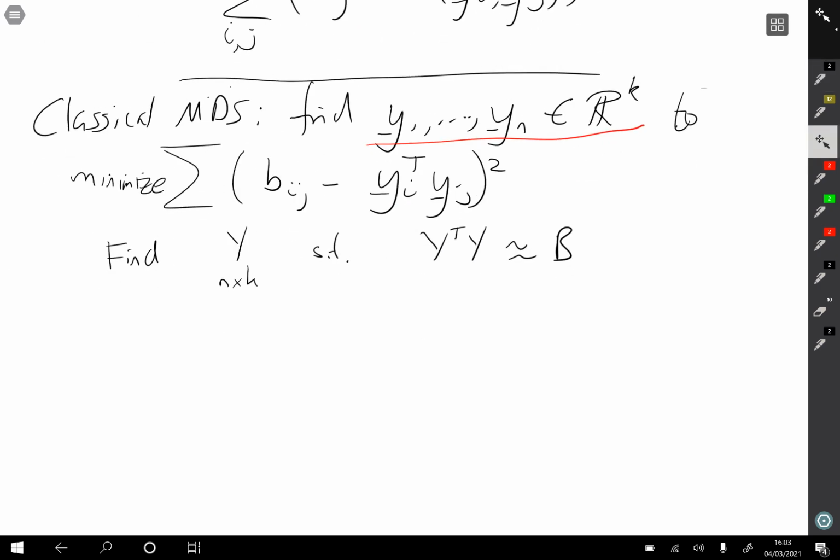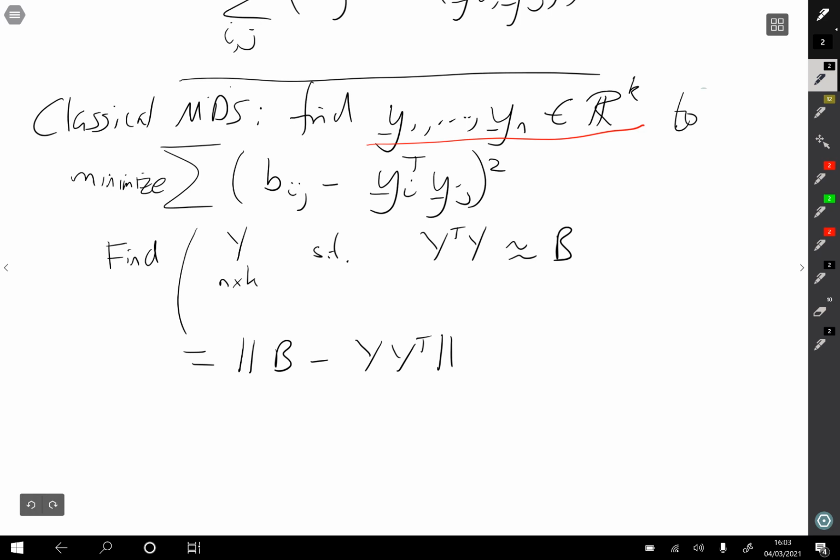Well, how do we measure that? If you think back to chapter 3 where we looked at matrix norms, this sum here is just the Frobenius norm between B and y y transposed. Sorry, I got this wrong here, didn't I?